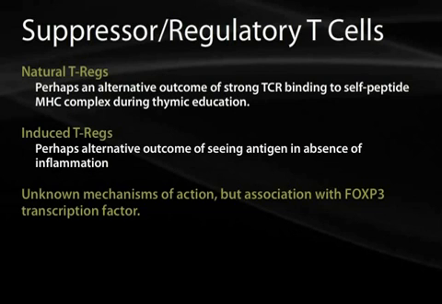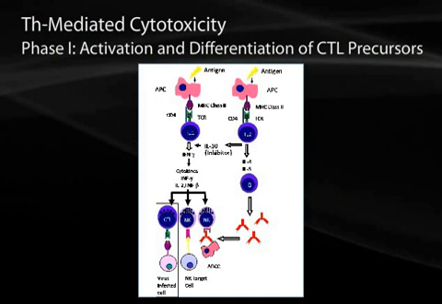Now, these Treg cells secrete cytokines that are involved in down-regulating an immune response, cytokines such as IL-10 and TGF-beta, which suppress an immune response, and hence the name regulatory or suppressor T cells. Another important association for these Tregs, if you see it on the boards, is FOXP3. FOXP3 is a transcription factor that we use to identify Tregs.